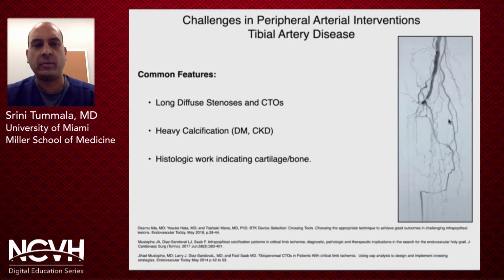When it comes to tibial disease, we're dealing with long diffuse stenoses and CTOs. These vessels are typically heavily calcified, especially in diabetics and patients with CKD, and there's some early histologic work indicating cartilage and bone in these vessels.